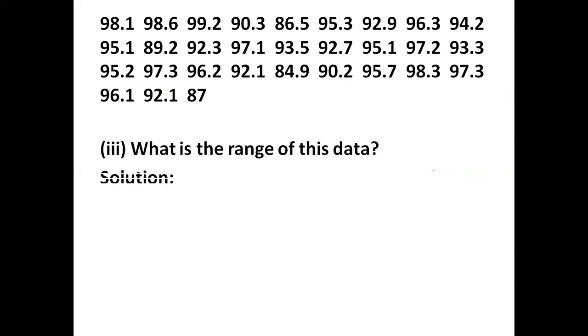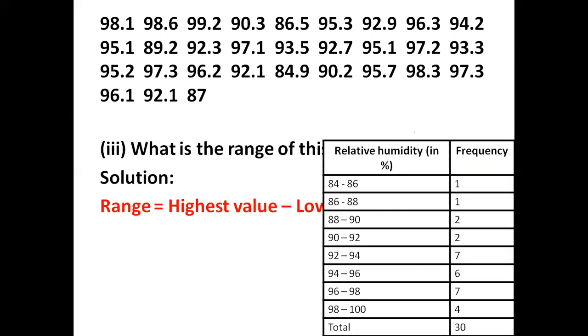Now the third question which was given, what is the range of this data? We know that range is the highest value minus the lowest value. The lowest value is around 84 and the highest value about 100.